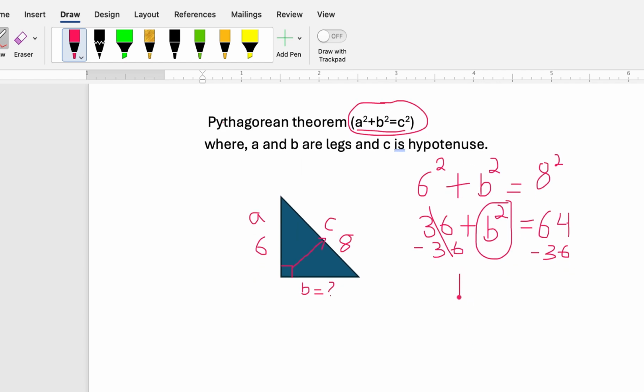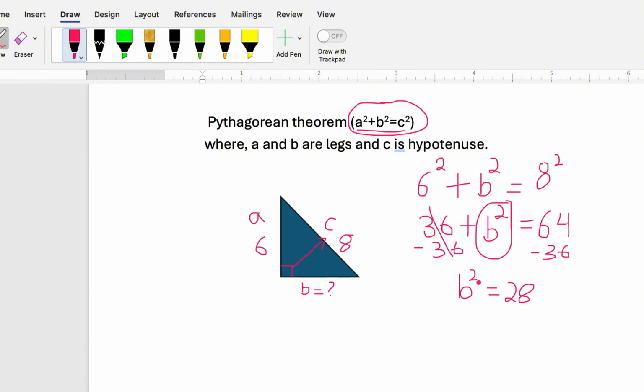Then I'm going to get B squared equals 64 minus 36, which is 28.